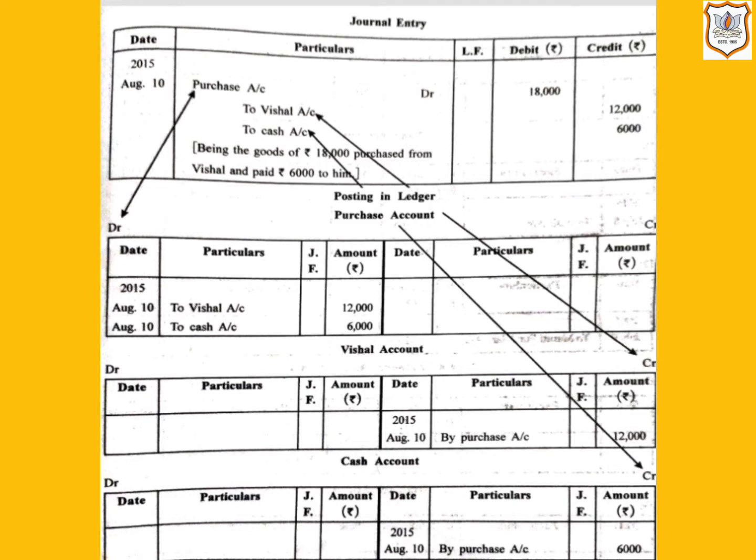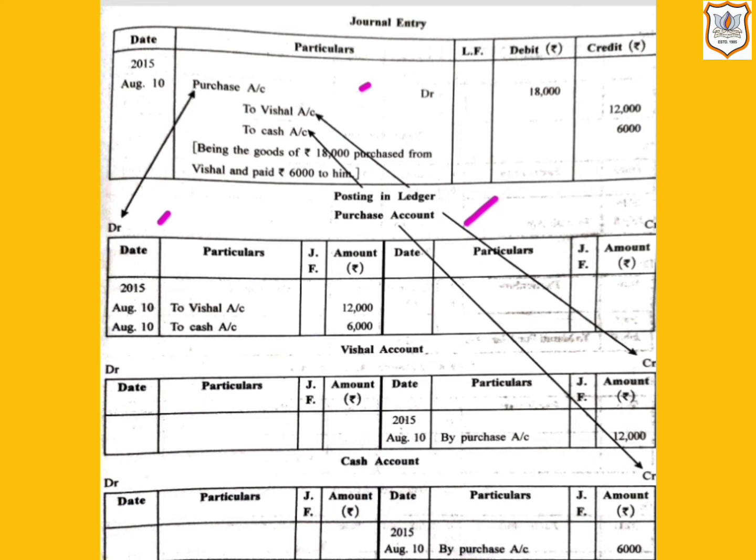In journal entry, we can see that purchase account is debited. So, in purchase account, posting will be made on debit side. And as the Vishal account and cash account both are credited, posting will be made in both of them on credit side.